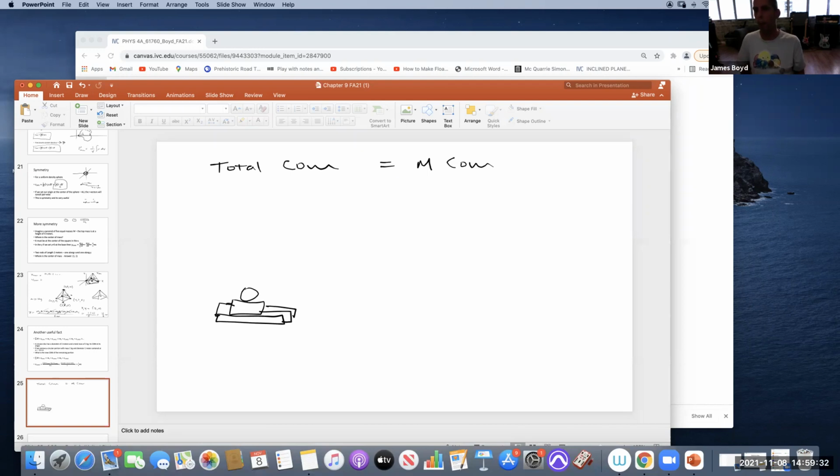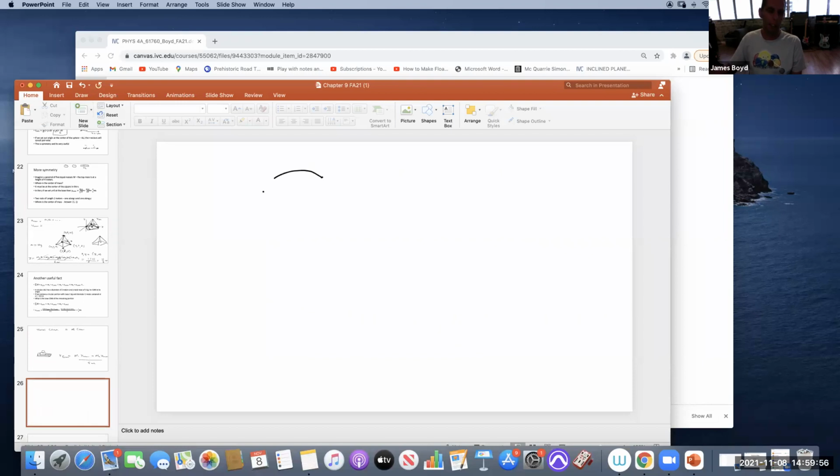And you want to find where the center mass of the whole object is. Well, the total center mass is mass 1 times X center of mass for mass 1 plus mass 2 times X center of mass for mass 2 plus and so on, over the sum of their masses.